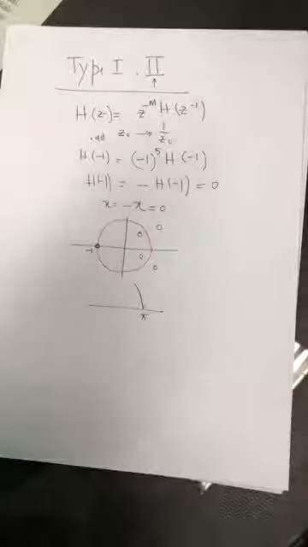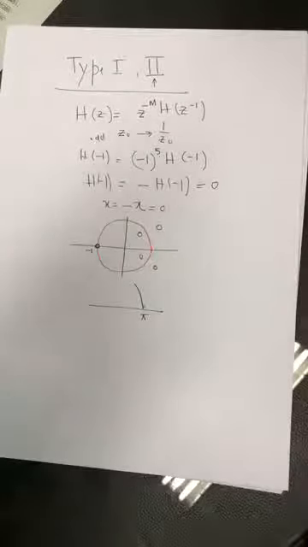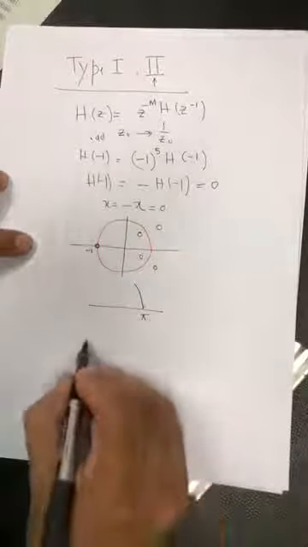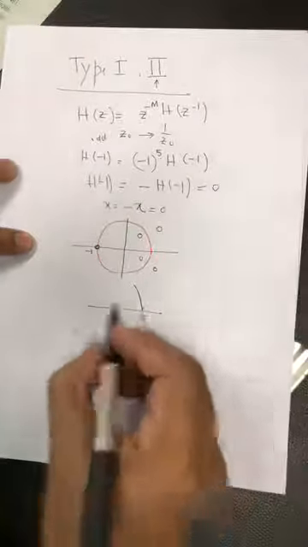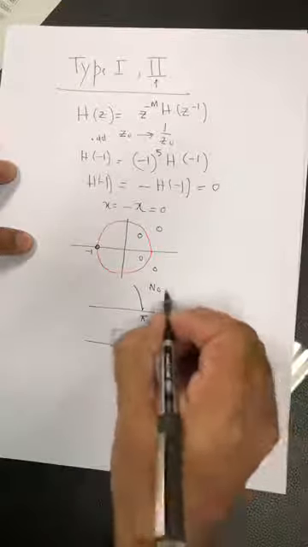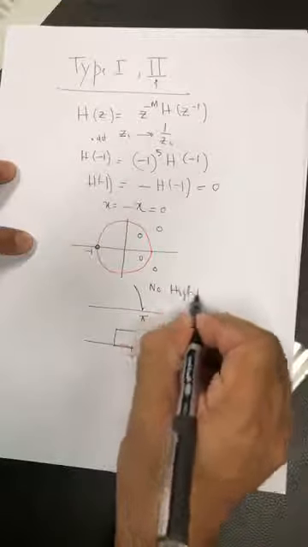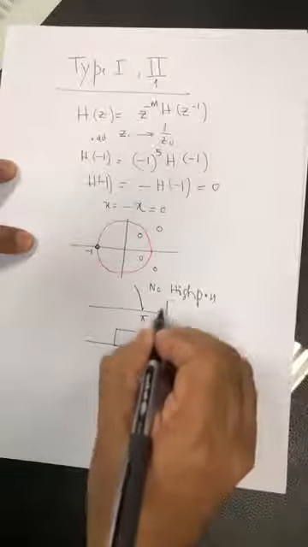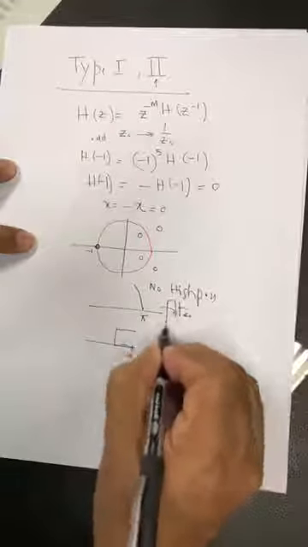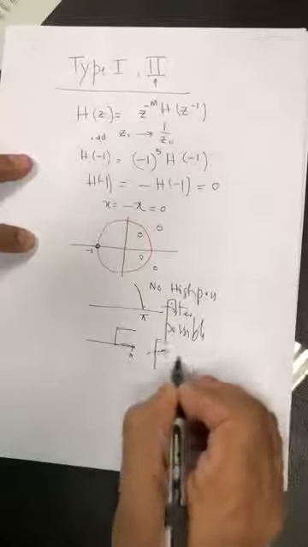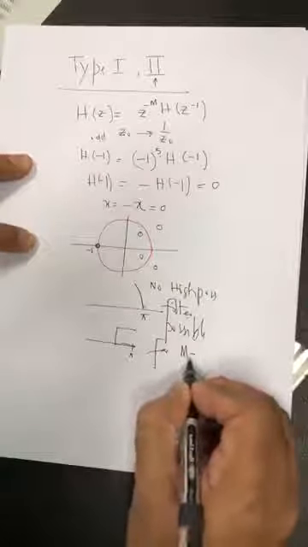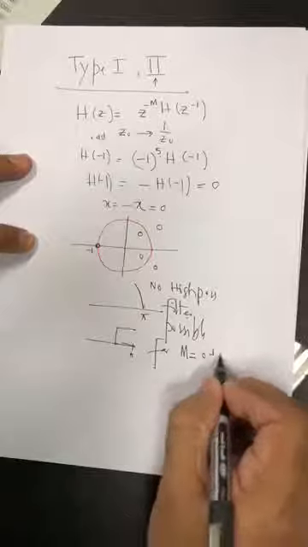Means you cannot have a high pass filter. High pass filter is a filter which lets pass pi frequency. So no high pass filter possible for M is odd, which is type 2.